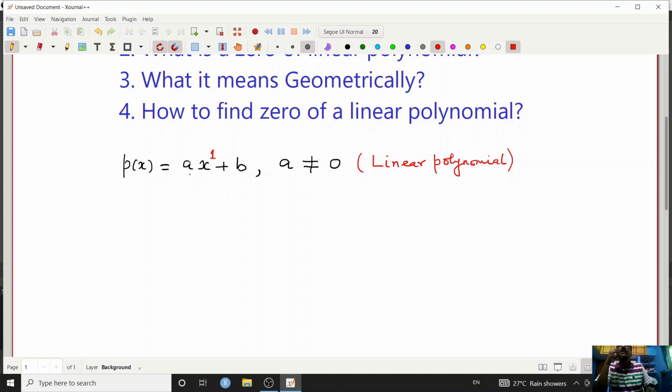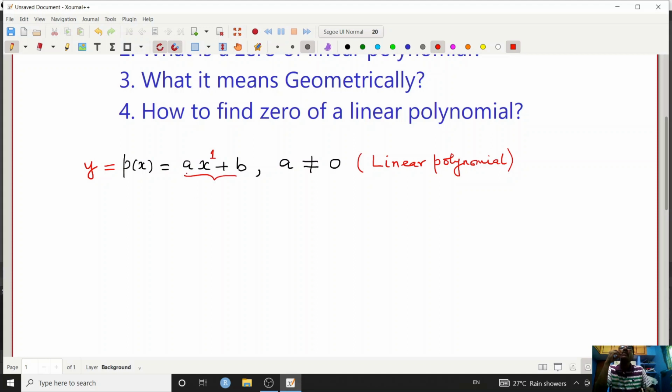Now, if you want, you can take this polynomial to be y for the sake of convenience. This is the general polynomial.